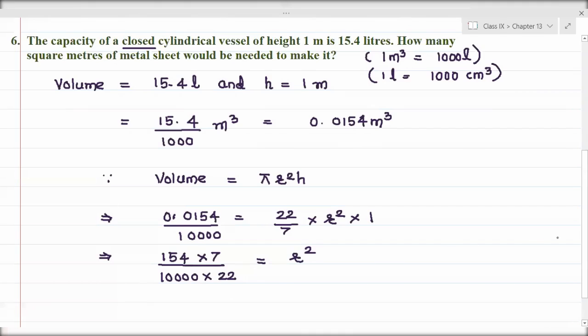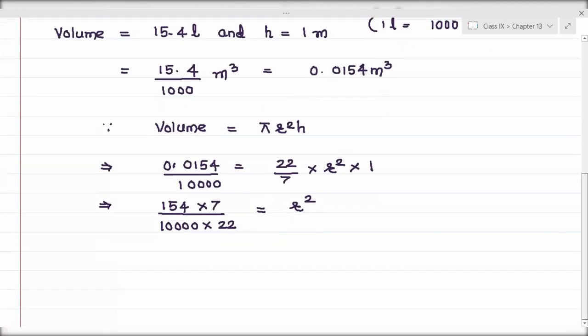Okay. So now see, from 22 and 154 I think we can cancel 7 times. From 22 ones are 22 and 22 sevens are 154. So the value of r square is equal to 49, 7 into 7, 49 upon 10,000, or else we can say 7 upon 100 whole power 2.